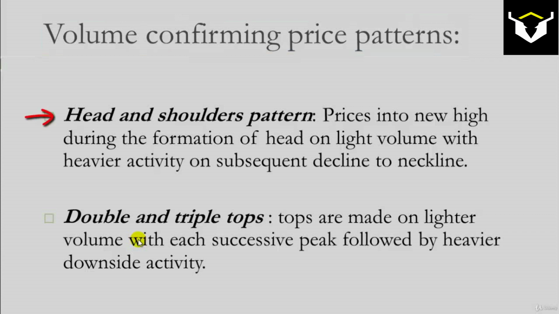In the head and shoulders pattern, prices make a new high during the formation of the head on light volume, with heavier activity on the subsequent decline to the neckline.